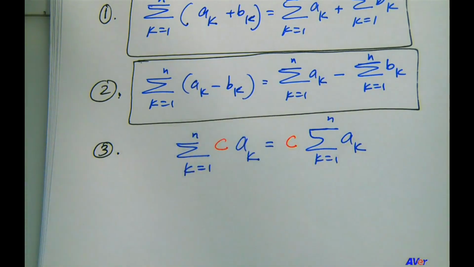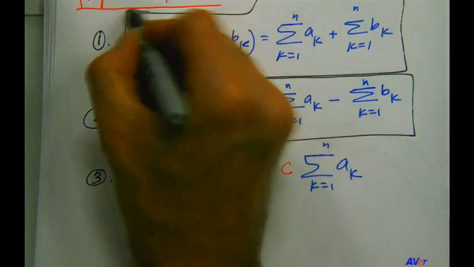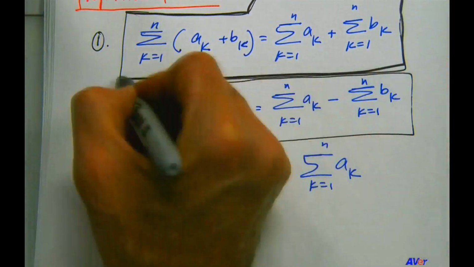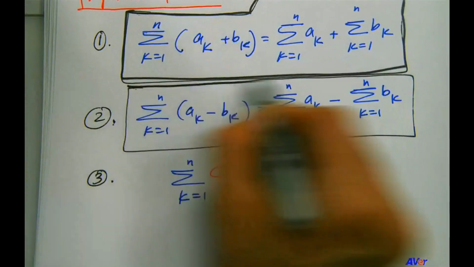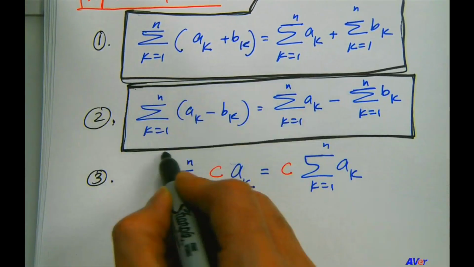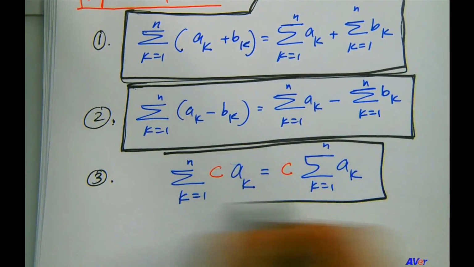Okay, so we can actually use a thicker marker here to box all of this. Very important properties when you deal with series. That one and that one.